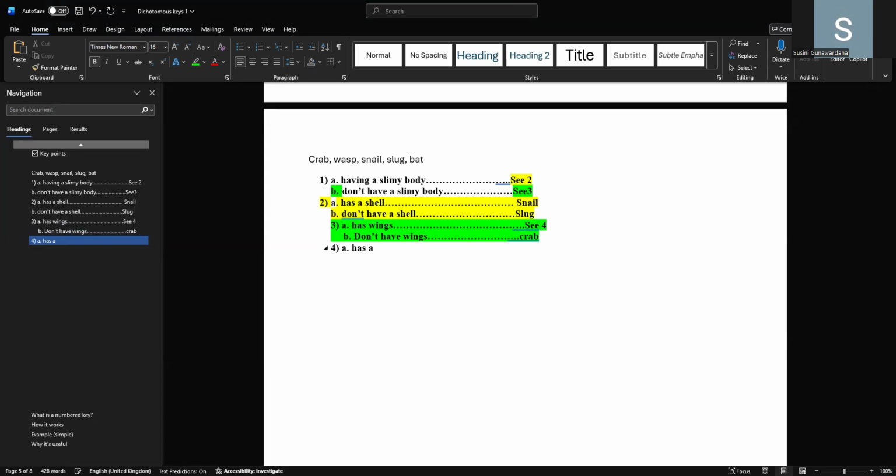Has ears, who are having ears, that is bat, and B is don't have ears, that is bats.